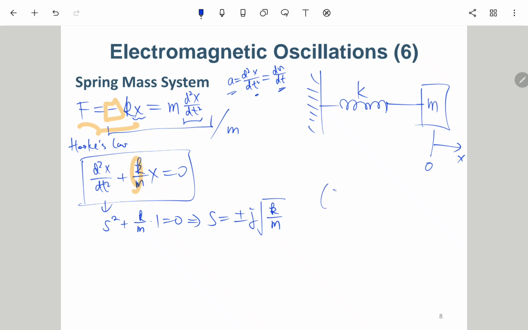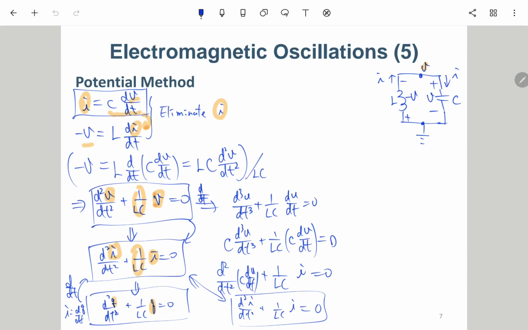Pay attention that I used to write j to be the square root of -1, rather than using i. So here we will have this omega to be the square root of k over m, or we can actually write it as plus or minus j omega. So this will be the oscillation frequency.